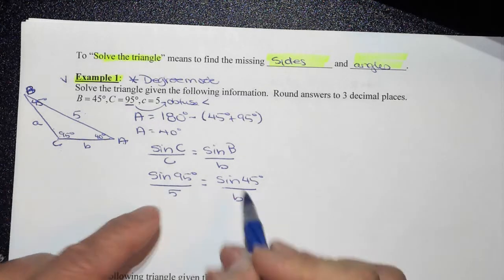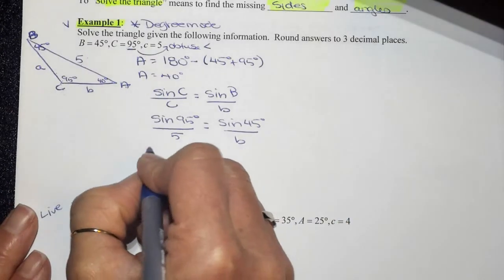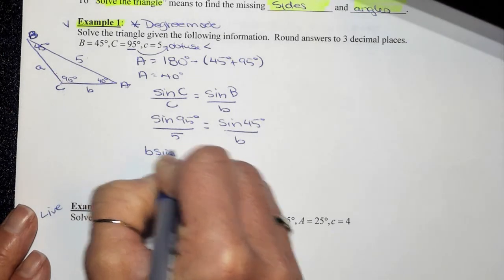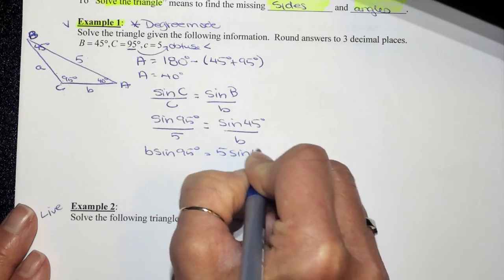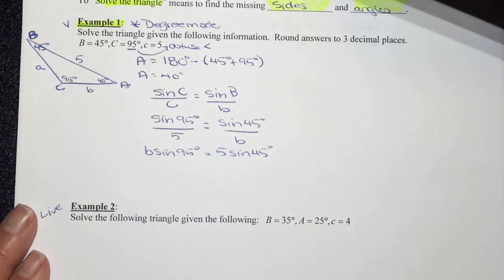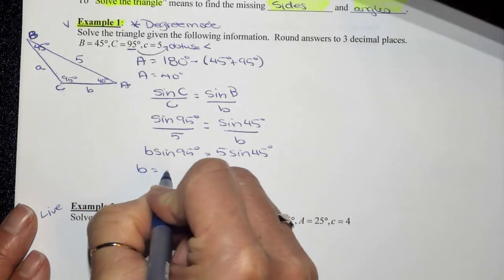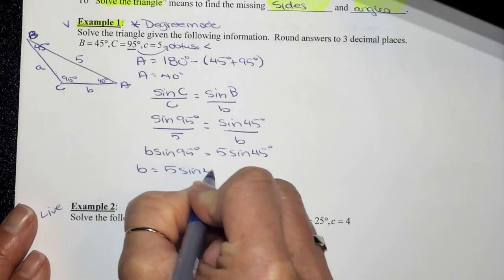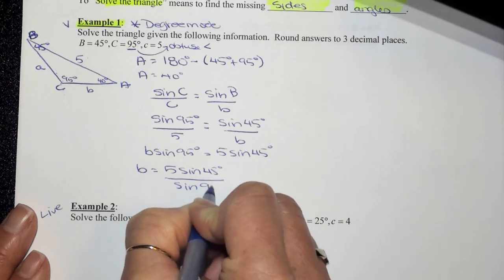So we'll cross multiply to get everything out of the denominator. So that means we have B sine of 95 degrees is equal to 5 times the sine of 45 degrees. And then we will divide by the sine of 95. So B is equal to 5 sine of 45 degrees divided by the sine of 95 degrees.